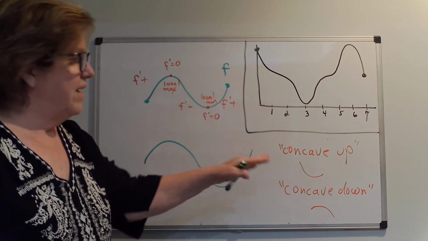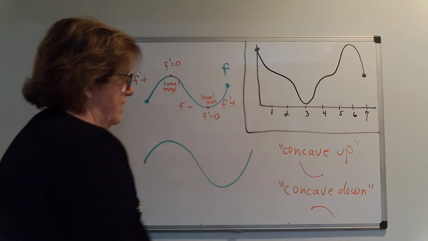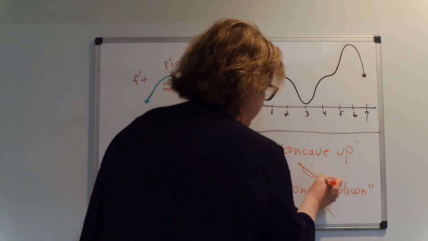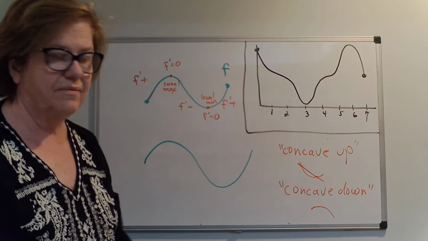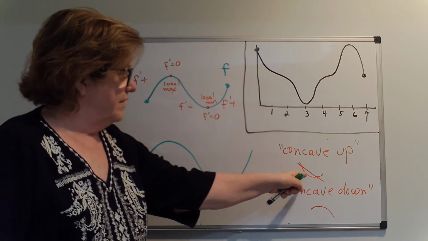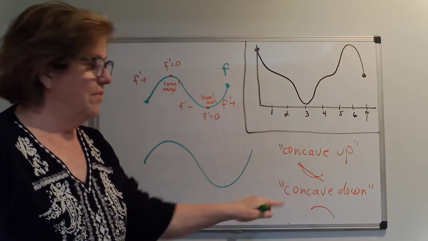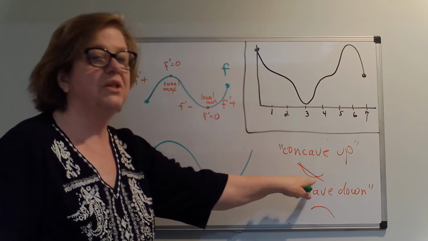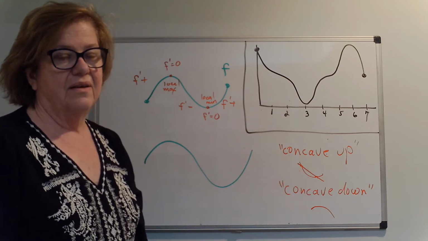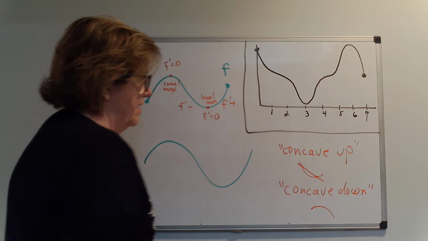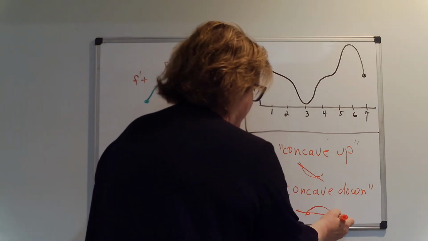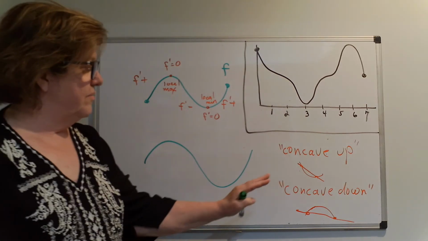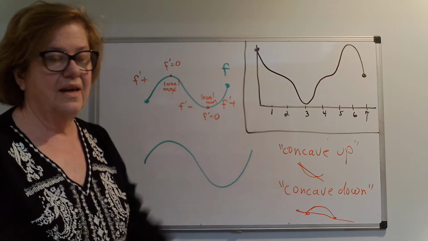Technically, the way concave up is defined is that if you draw any secant line, any line between 2 points in the same region, if the function's concave up, the function lives below that secant line. If it's concave down, then it lives above the secant line.